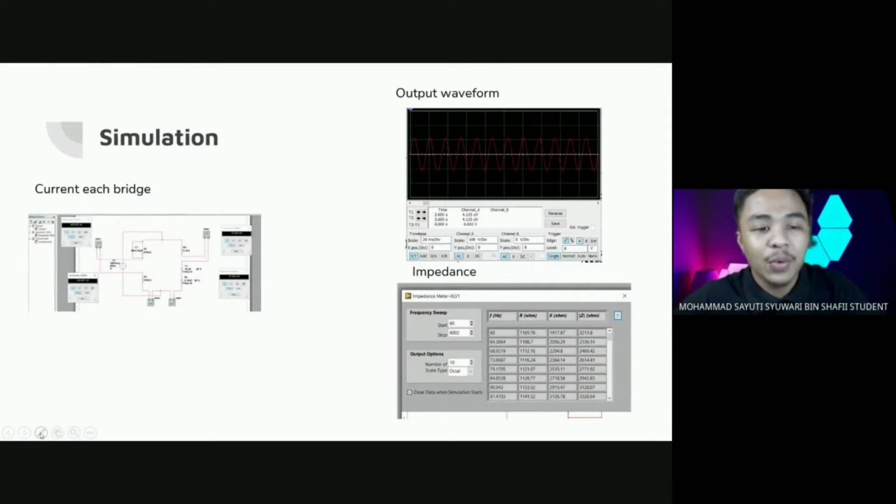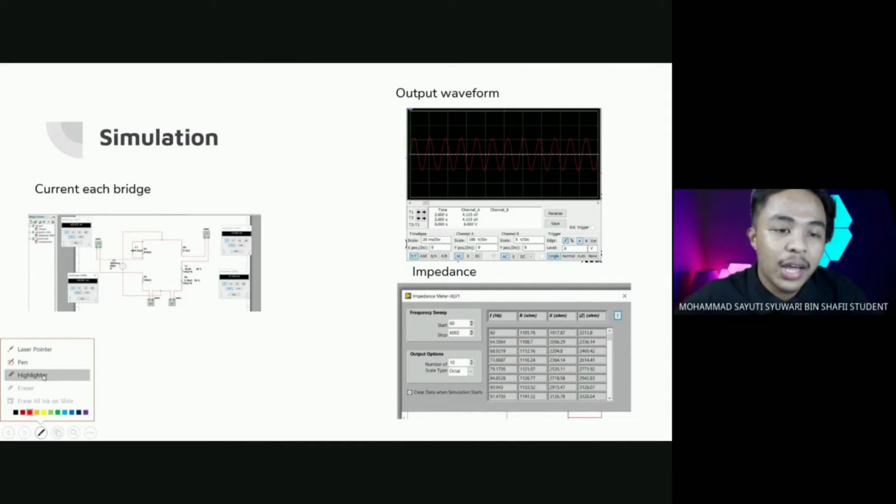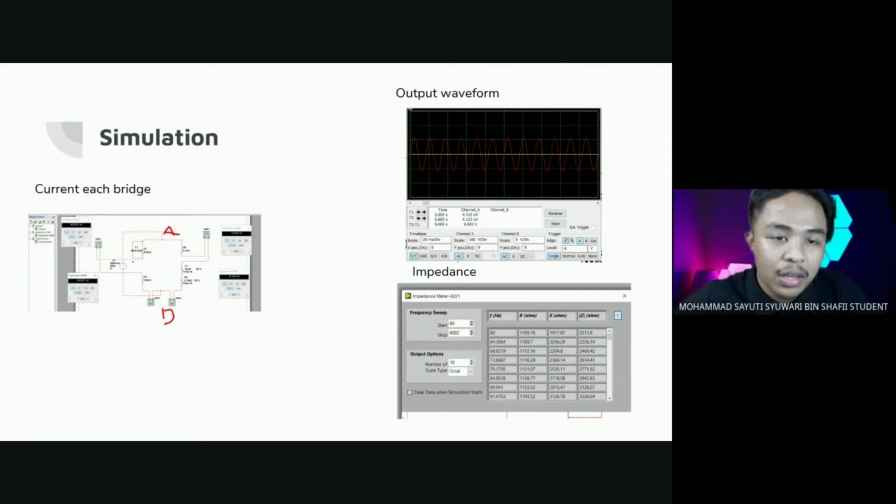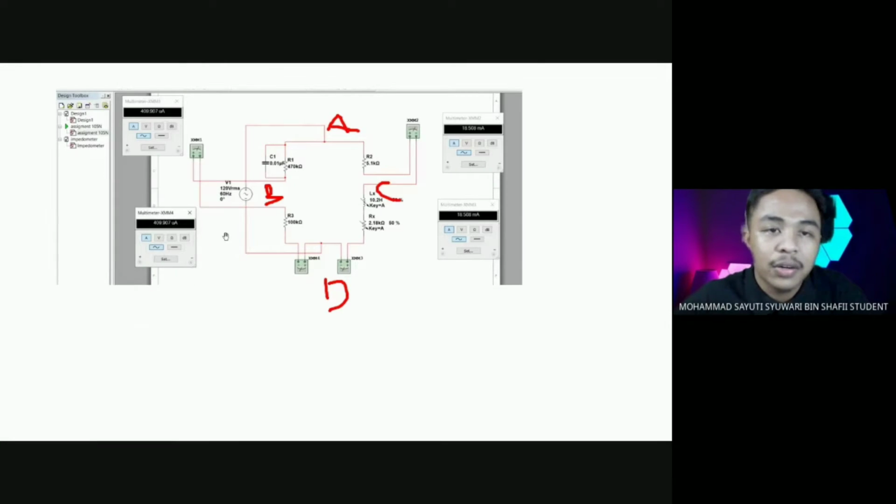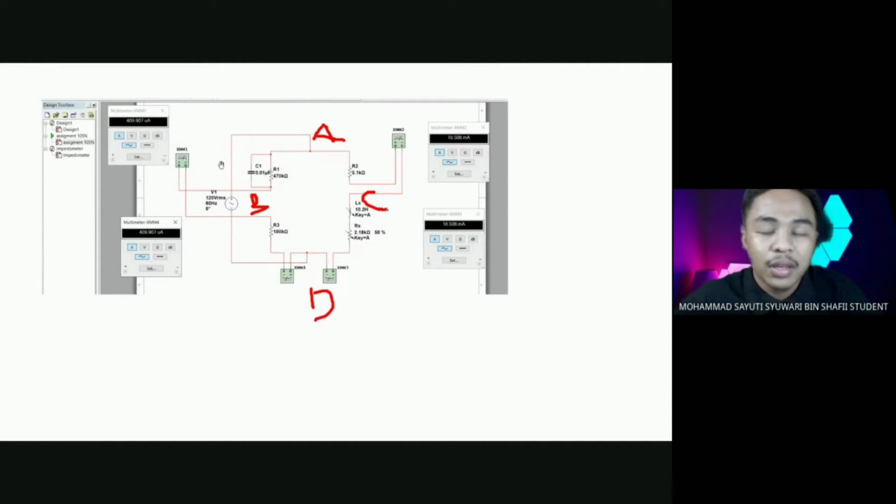Okay, next we go to the value of current. First, I label it. This is point A, this is point D, this is point B, and this is point C. As we can see, the value at the left side is equal.